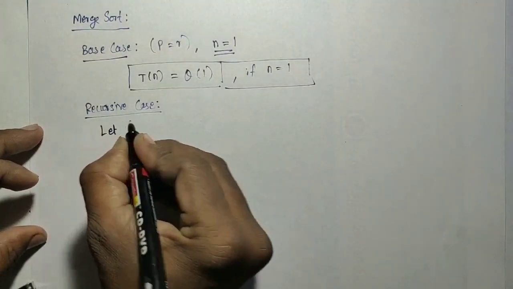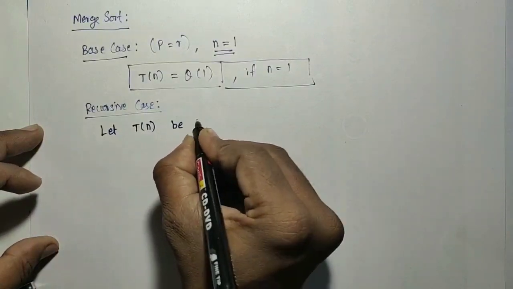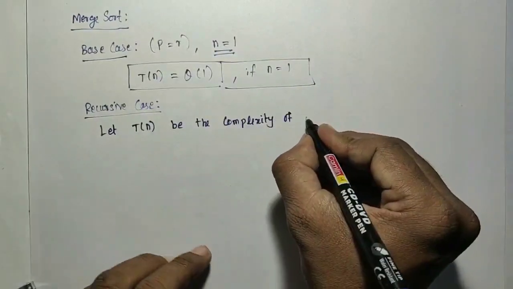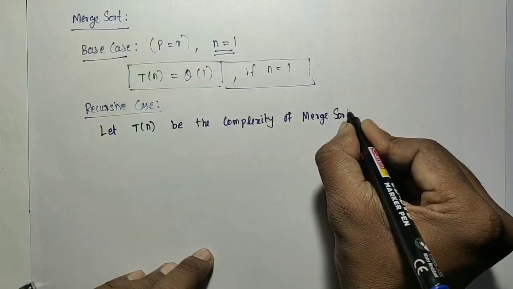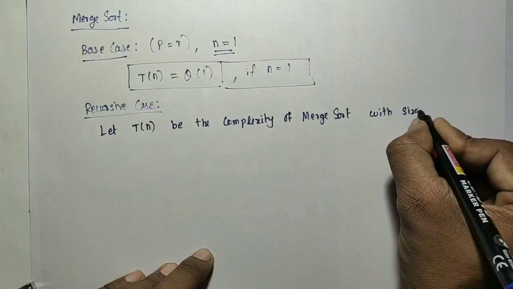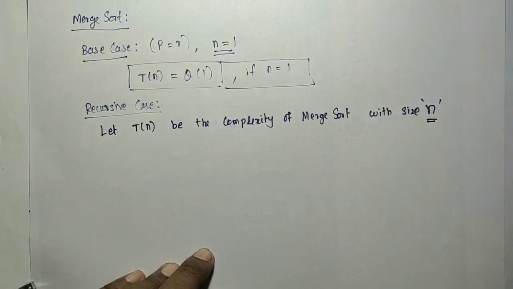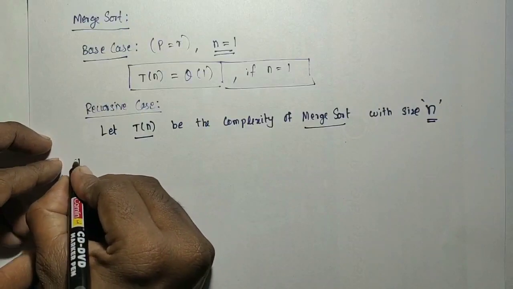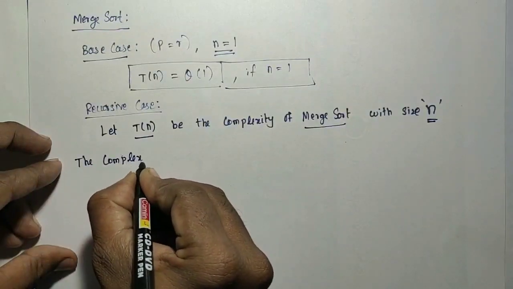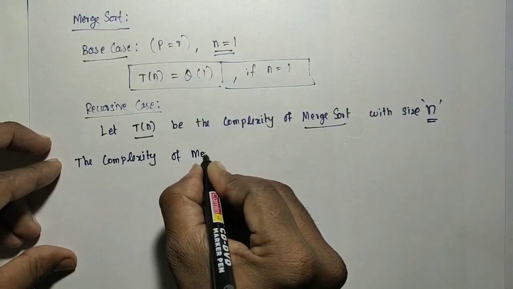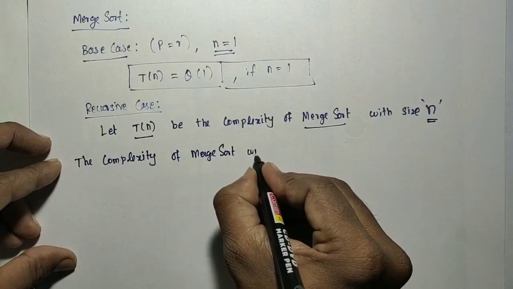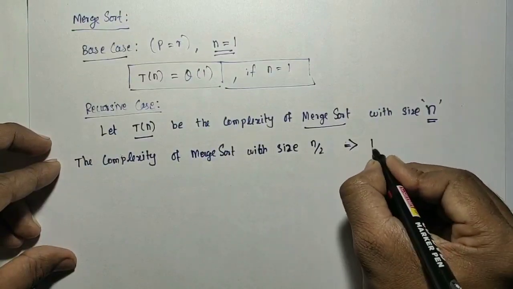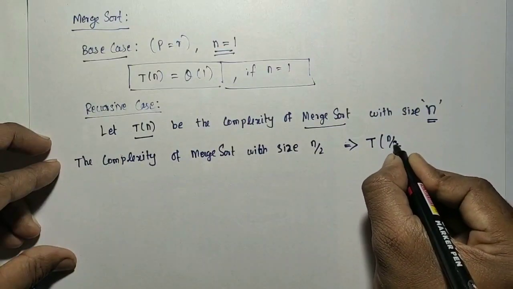Now let T of N be the complexity of merge sort with size N. Then the complexity of merge sort with size N by 2 will be T of N by 2.